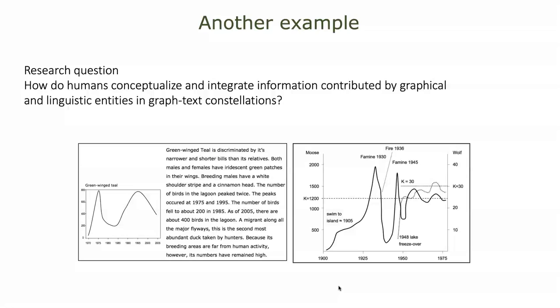To describe how difficult it may be, for instance, here is a graph that shows the number of moves and animals on an island and walls on an island, and there are some verbal annotations here. For instance, in 1930 there was a famine, and 6 years later there was a fire, but notice this straight line here.